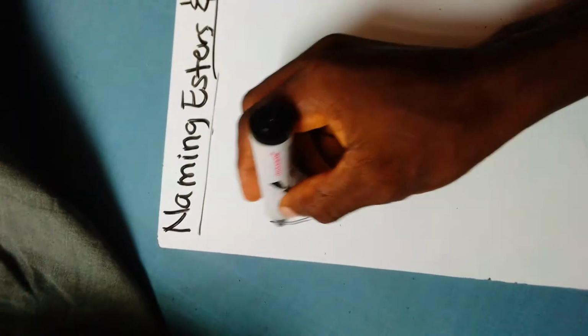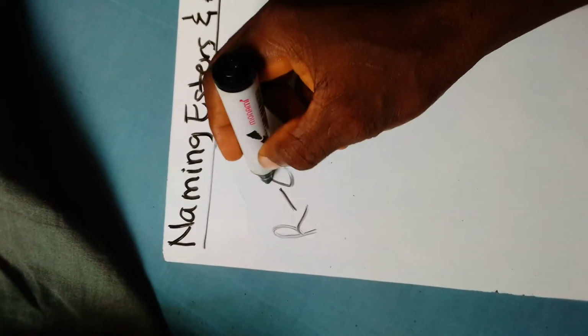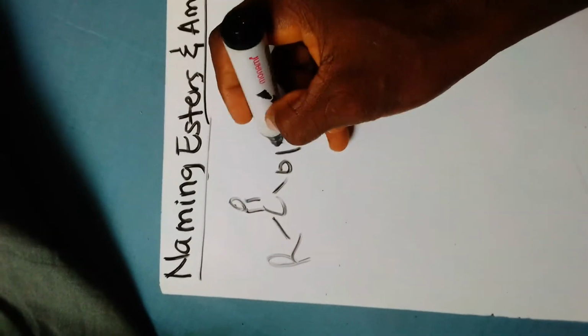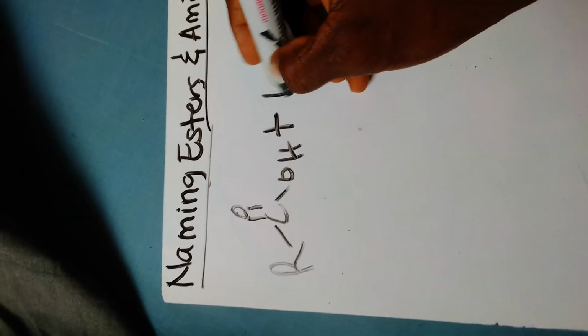Esters and amides are all derivatives of carboxylic acid, so they are all synthesized from carboxylic acid. As esters are produced by reacting a carboxylic acid with an alcohol, amides are also produced by reacting a carboxylic acid with an amine.